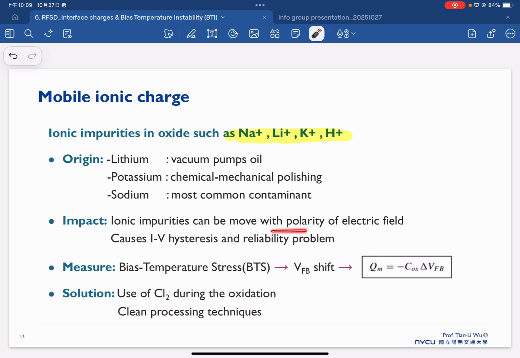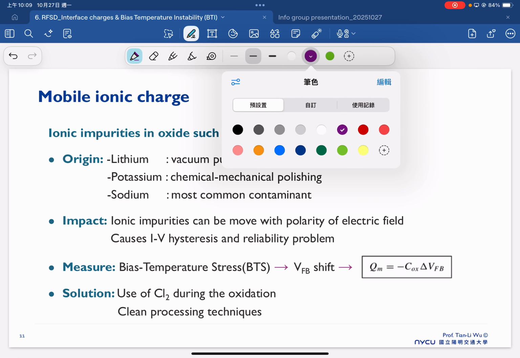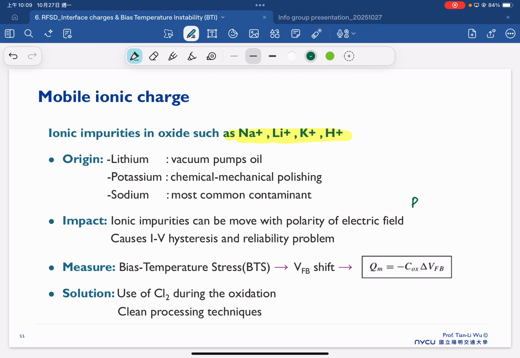The polarity of the electric field highly depends on our bias, and also is related to our temperature. And in the end, that will always cause IV hysteresis.